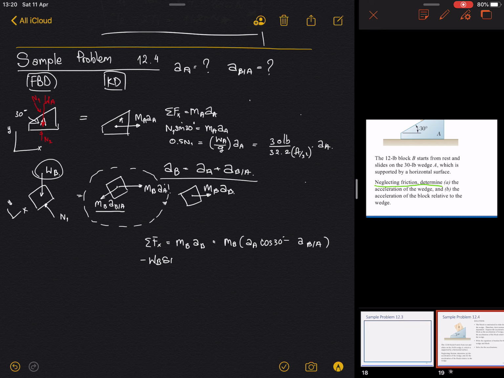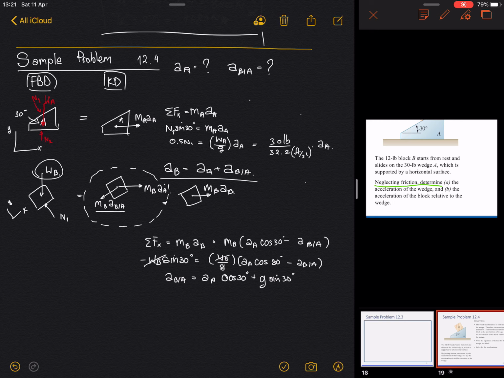But then you have sine 30 to make it into the coordinates, and you have W_B over g again, and then a_A cos 30 minus a_B/A. Then when you solve all of this, you will cancel this out, and you will have a_B/A equal to a_A cos 30 plus g sine 30.